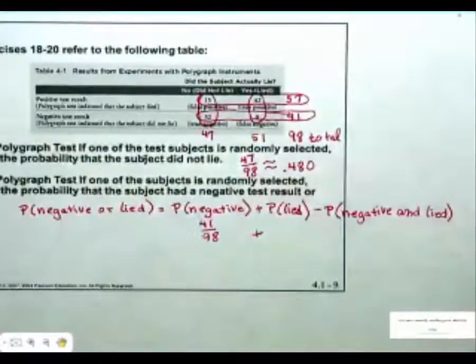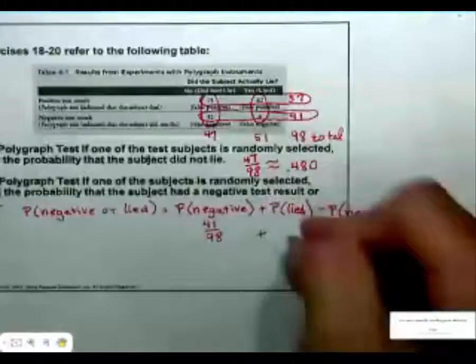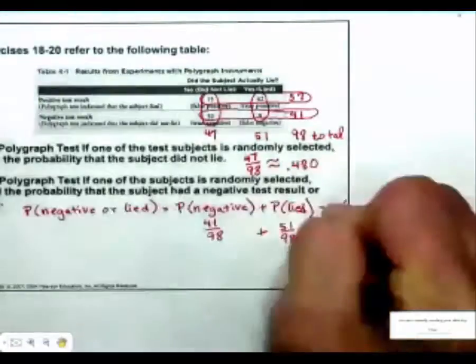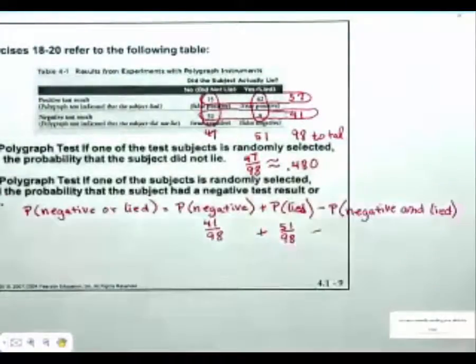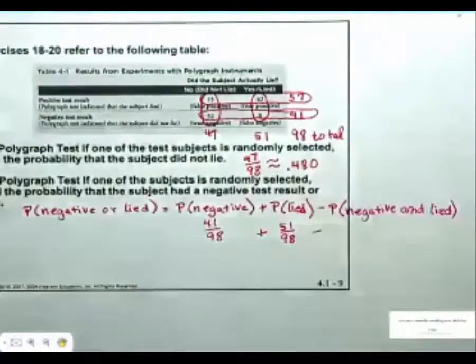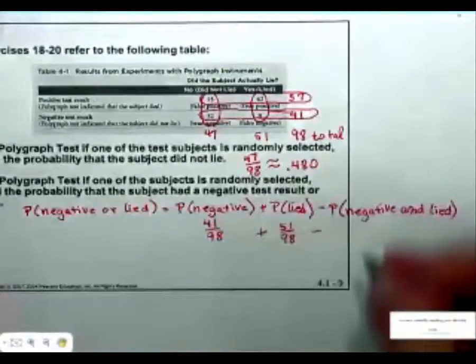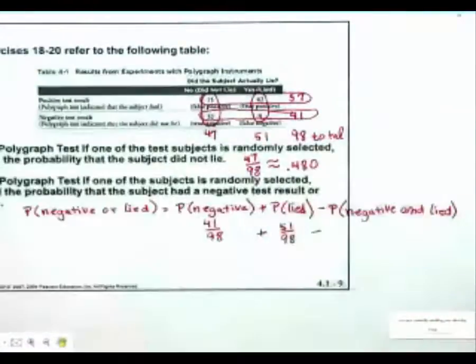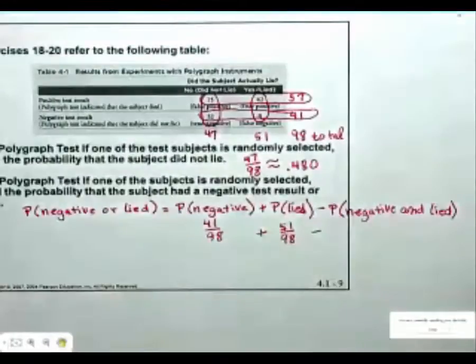Liar, liar, pants on fire. That's these guys right here, 51. So the probability of picking someone who lied is 51 out of 98. But then how many folks got counted twice? Just these 9 right here that were in the lied column and were also in the negative row. So I have to subtract off those 9.